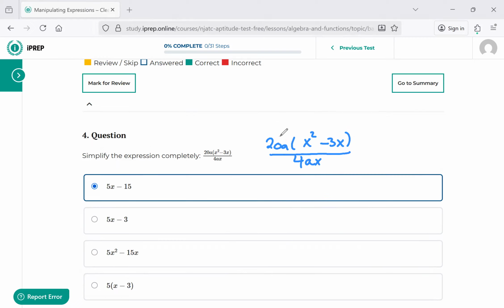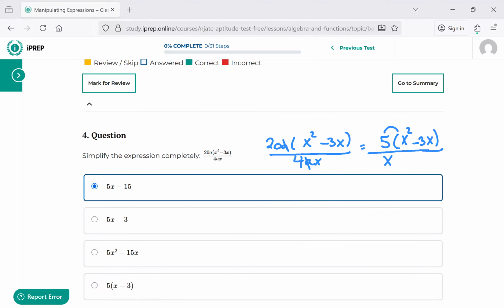I would simplify the 20a and the 4ax. So I know this a cancels because they're the same, and I also know that 20 divided by 4 is 5, right? And then you have an x on the bottom. Does that go away? And then you have an x squared minus 3x.